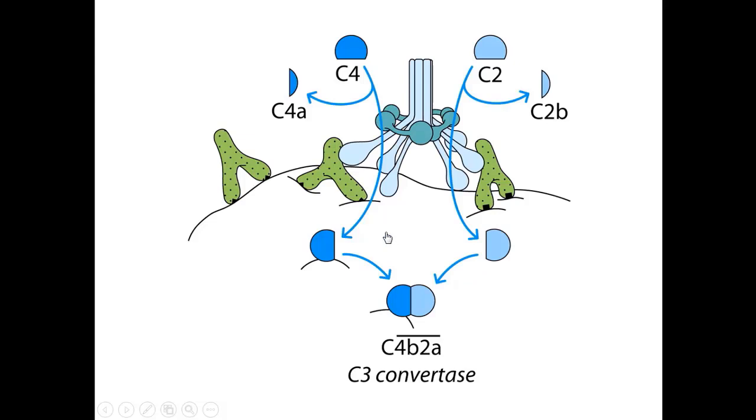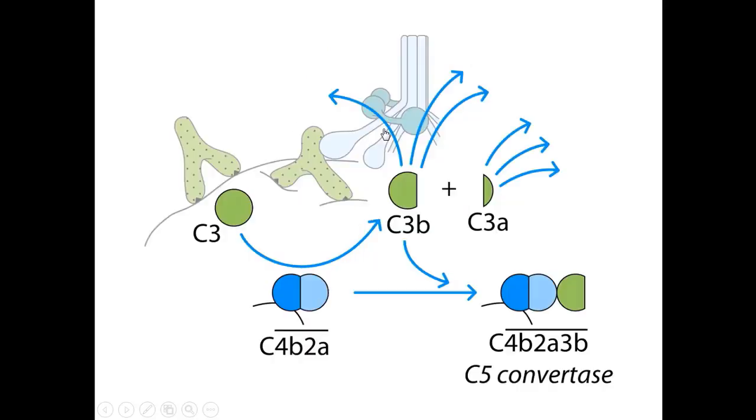Okay. After binding of C1q to the Fc region of the antibodies on the surface of the antigen, C1r activates first, and C1r after activation can activate C1s, and C1s after activation has two substrates, C4 and C2.